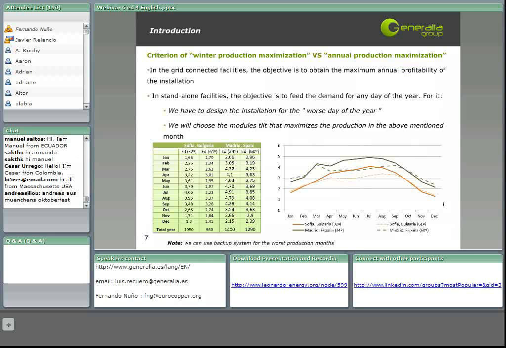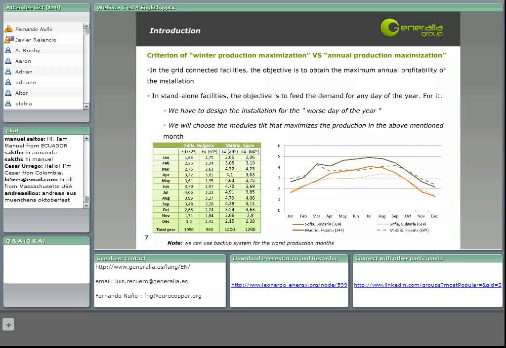So, going back to the criterion of winter production maximization versus annual production maximization, we have to know that in grid-connected facilities, all the design was done in order to get the maximum energy production during a whole year. Now, this concept changed. Why? Because we want to have energy during the worst day of the year.